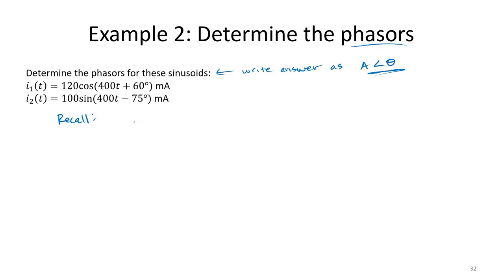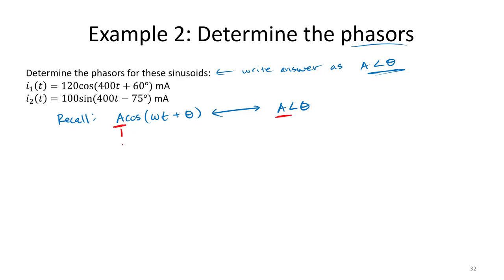The key thing to note here is that if we have a function in the form A cosine omega t plus theta, we can rewrite that function as A angle theta.